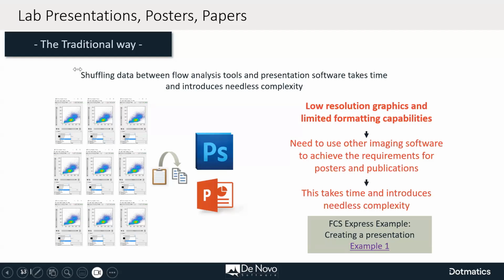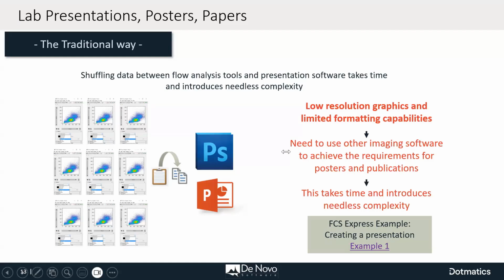So again, one type of final result is lab presentations, posters, papers, the things that we need to do as scientists to communicate our results to other scientists. And generally, when we're working in other software packages, we're shuffling between flow analysis tools and presentation software, and that takes time and introduces complexity because oftentimes we find customers coming from other tools are working with low resolution graphics and limited formatting capabilities.